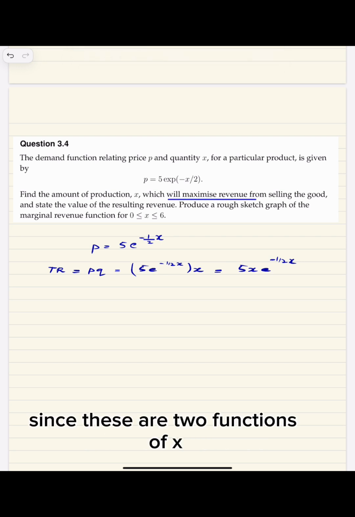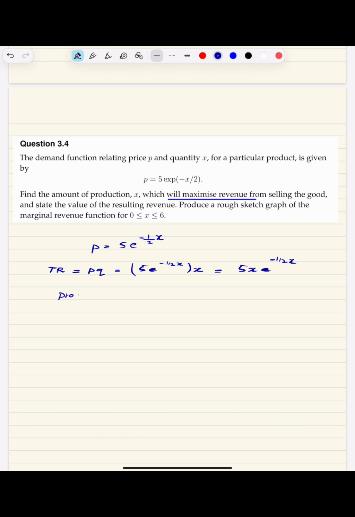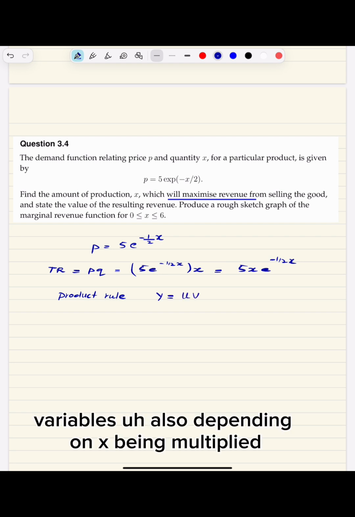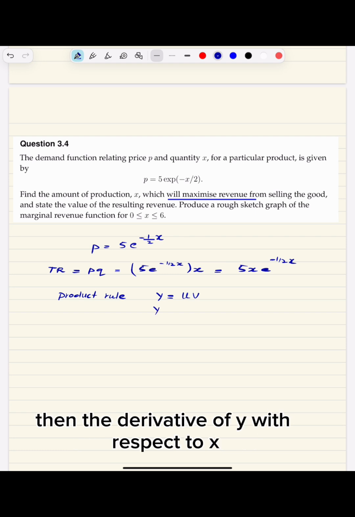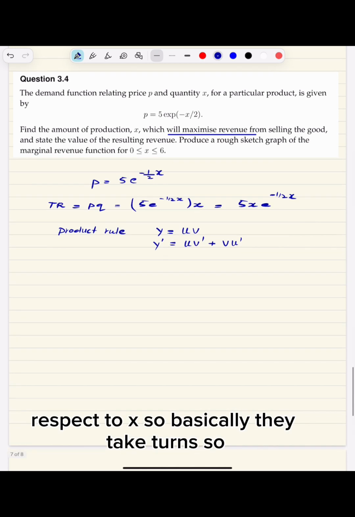Since these are two functions of x being multiplied, we'll have to use the product rule. As a revision, whenever you have y, which is a product of two functions u and v both depending on x, then the derivative of y with respect to x is u as it is, times the derivative of v with respect to x, plus v as it is, times the derivative of u with respect to x. So basically they take turns.